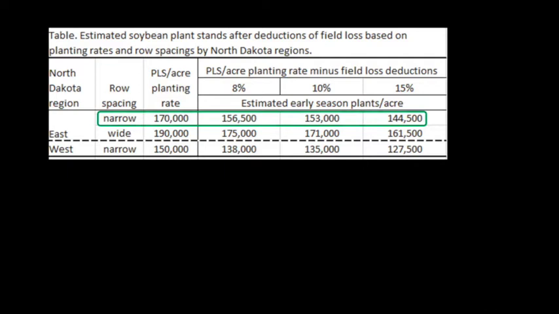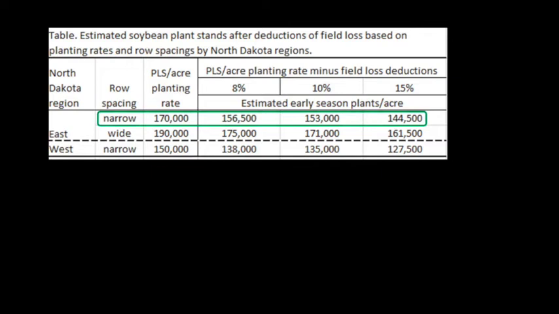Ultimately, we do have the numbers shown that are estimated early season plants per acre based on a 170,000 pure live seeds per acre planting rate. And lo and behold, the plant population numbers are very similar to what our long-term or traditional recommendation was, 150,000.